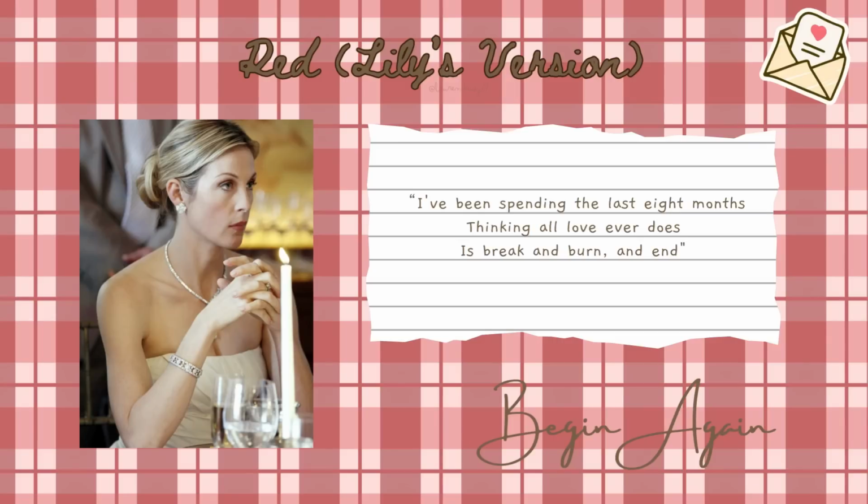Then I went with Begin Again, which is one of my all-time favorites. And I went with "I've been spending the last eight months thinking all love ever does is break and burn and end." And for this, I went more down the route of her past relationships, not so much with Rufus, but with William and with her other husbands, the Klauses and everything like that, because I think Lily had gotten to a point where it was a lot about money and less about love, and that it was always kind of going to end badly.